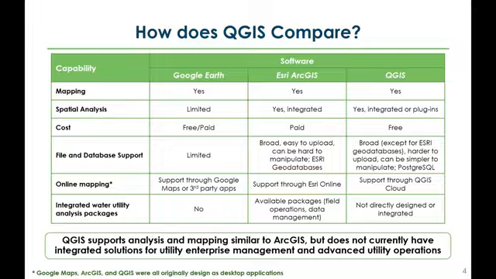Now, how does QGIS compare to some of the software platforms that you might have used in the past or that are commonly available? Here we have a table that compares 3 different platforms, QGIS being one of them, as well as Esri's ArcGIS, the standard commercial product, as well as Google Earth. And Google Earth isn't technically a geographic information system.